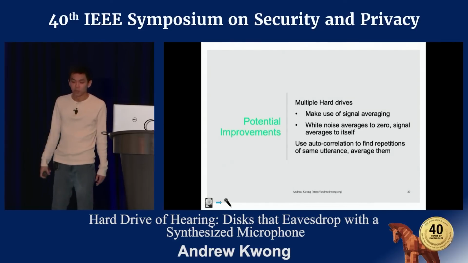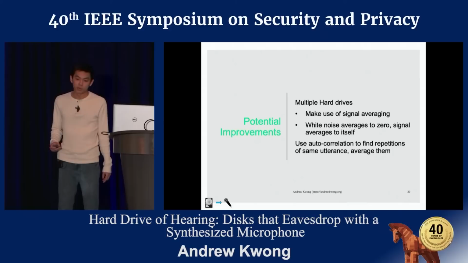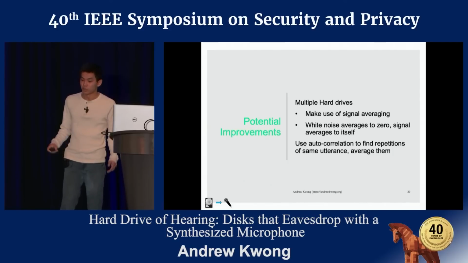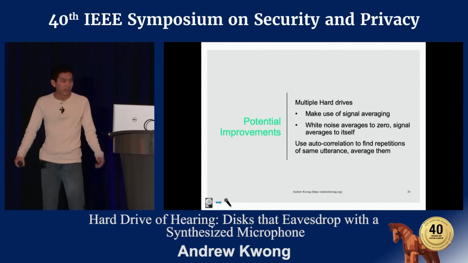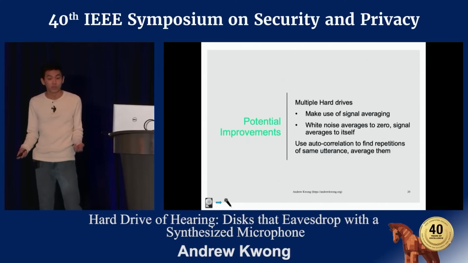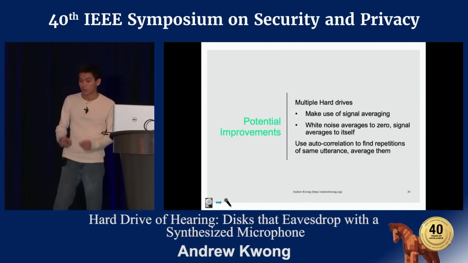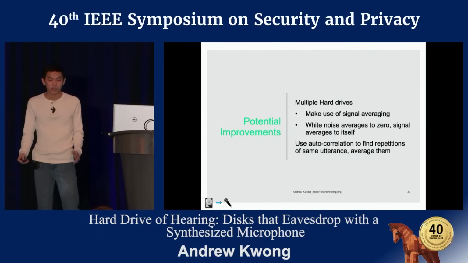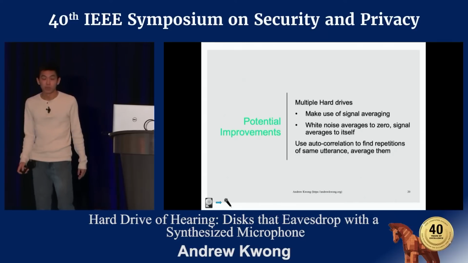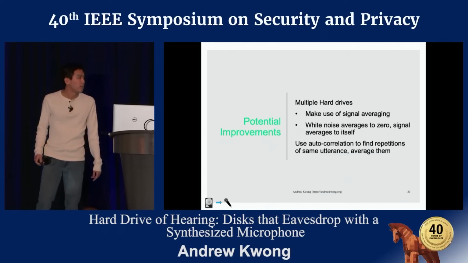But beyond using a more sophisticated classifier, there are some further potential improvements that we could use for our attack. One is that an attacker who can leverage multiple hard drives can then average the signals that come out of them. Since white noise will average to 0 and the signal will average to itself, the result will improve the signal-to-noise ratio substantially.